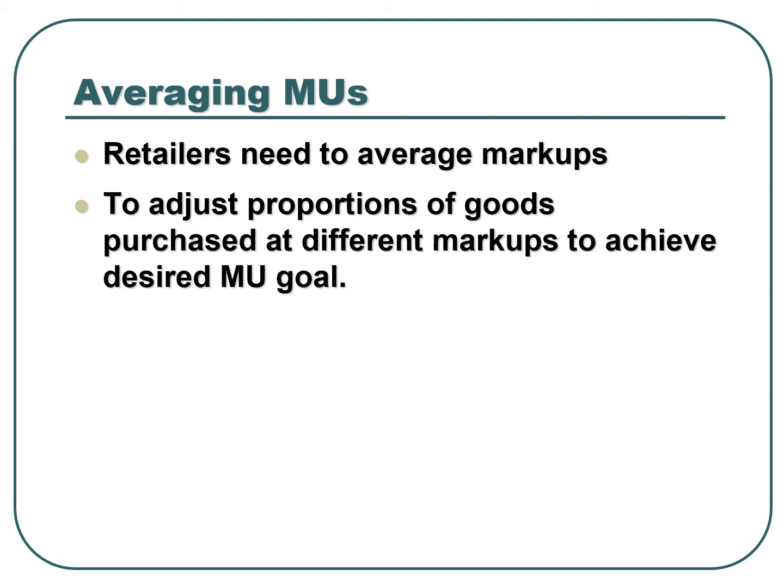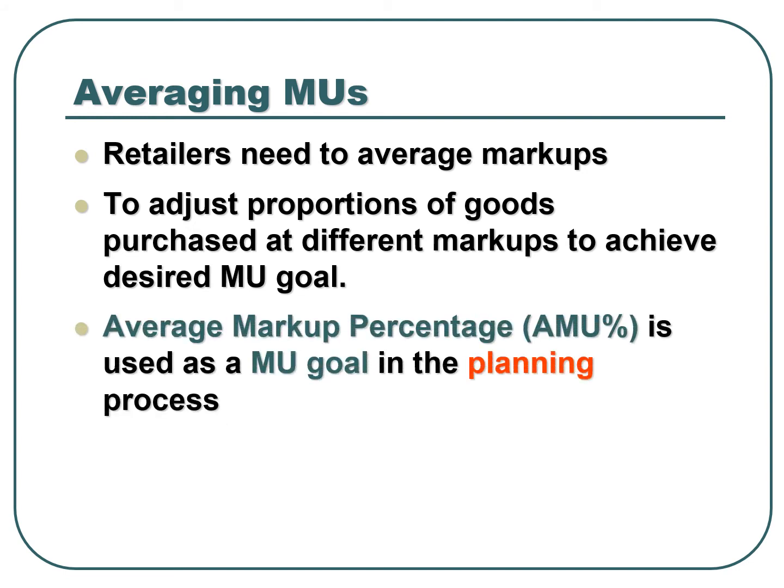So we need to adjust the proportions of the merchandise that we purchase at different markups to understand the markup that we currently achieved as compared to the markup goal that we had. When we adjust the proportions of merchandise with varying markups, we call that averaging markups, and the markup percentage calculated by averaging markups is called AMU percent, or average markup percent.